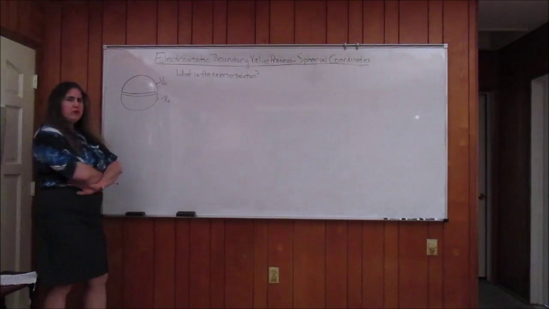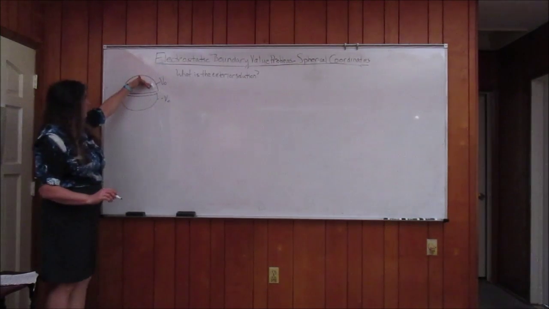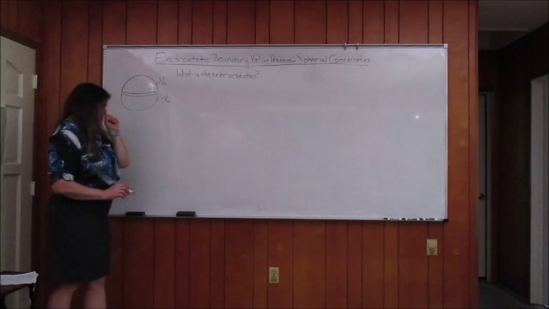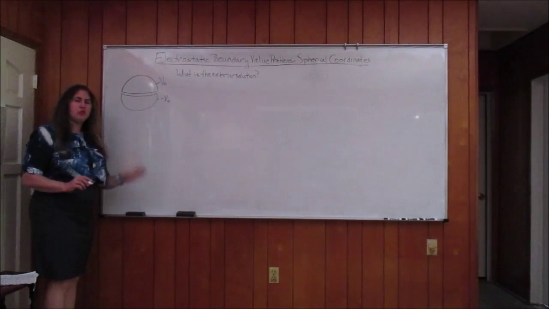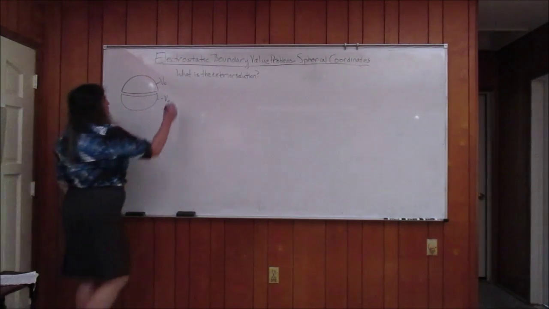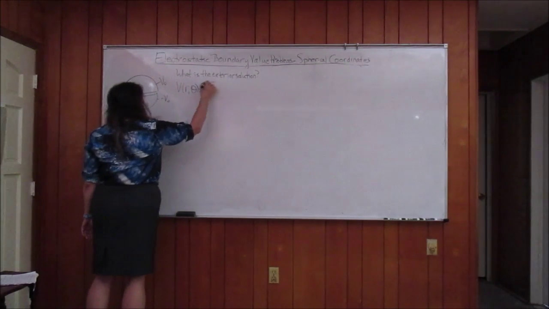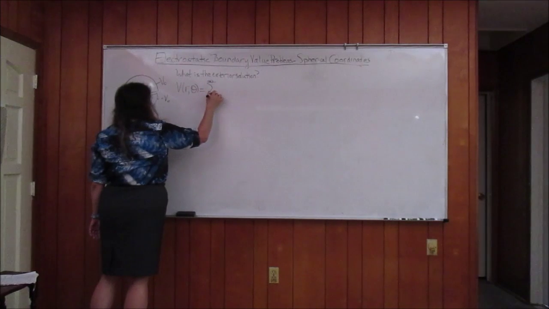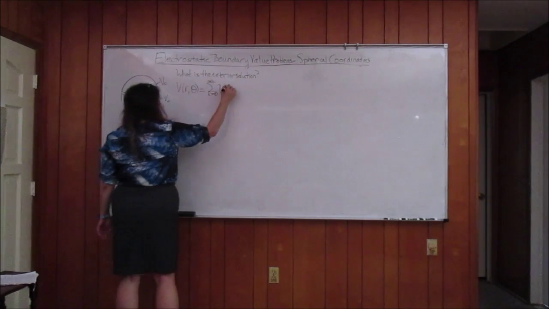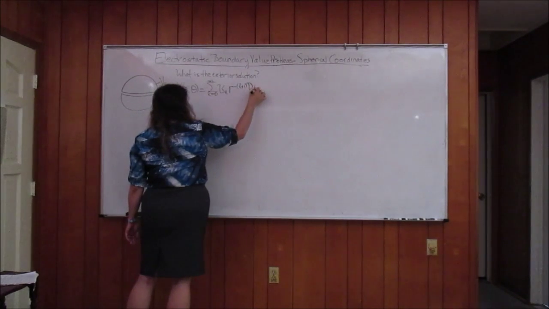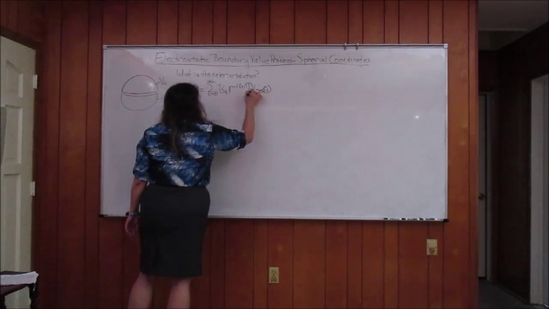So what are my boundary conditions? Well, the potential is equal to V0 on the upper hemisphere and minus V0 on the lower hemisphere. Since we are interested in the exterior solution, that means that your potential is going to have this form.